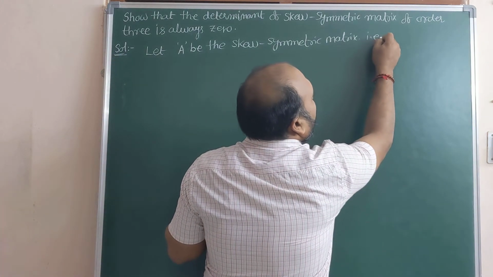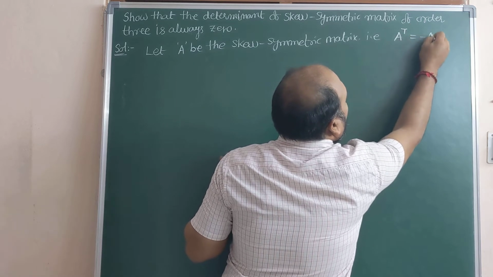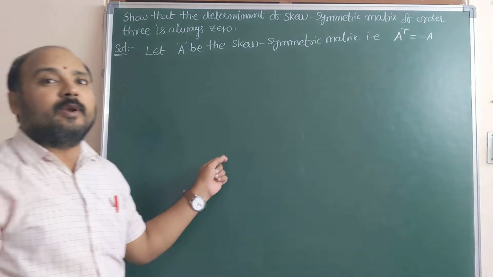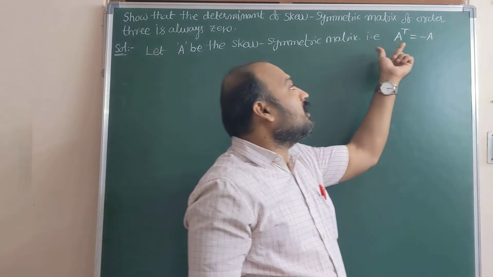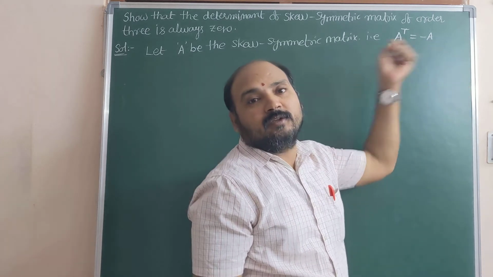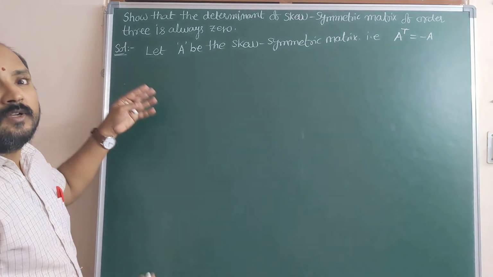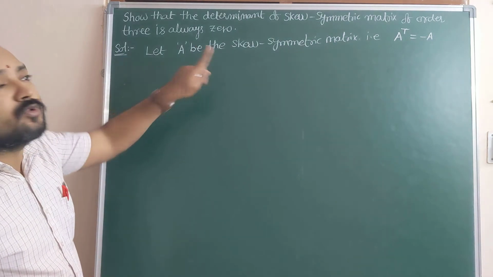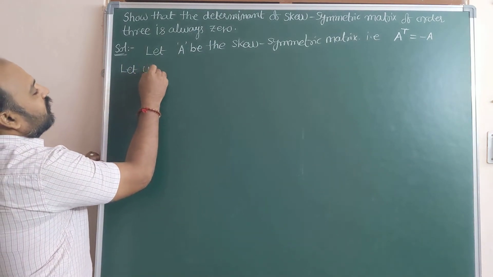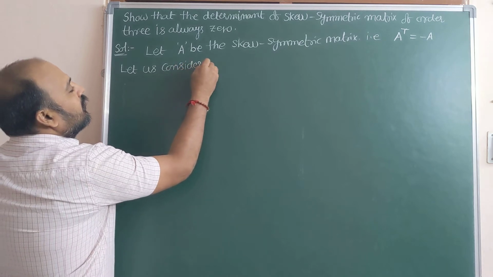That is, A transpose is equal to minus A. So the matrix A is said to be a skew symmetric matrix if the transpose of A is equal to minus A. So like this you have to consider one 3 by 3 skew symmetric matrix. We have to assume that. We have to take any one of them generally.